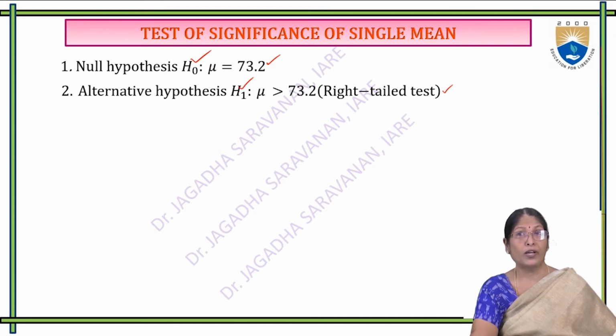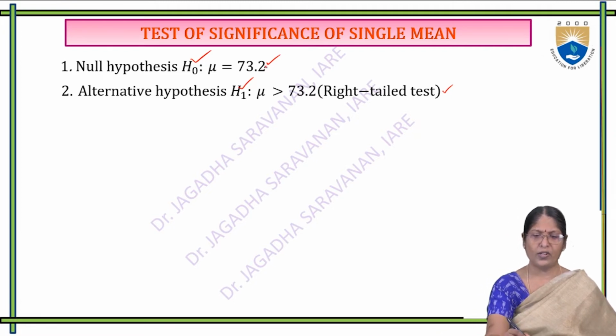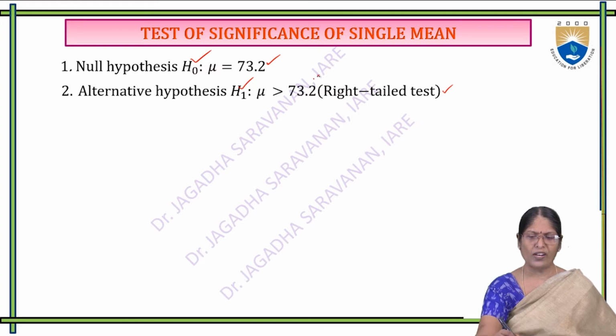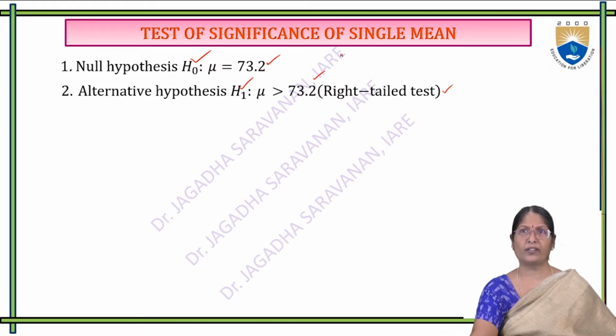From the samples we are getting, we can tell about the population also. The data for us in this particular problem, 73.2, we are not in a position to accept that. We decided to reject. So to reject, it is our freedom.